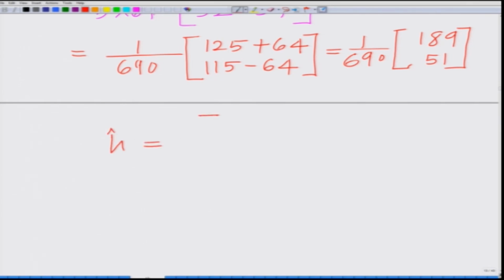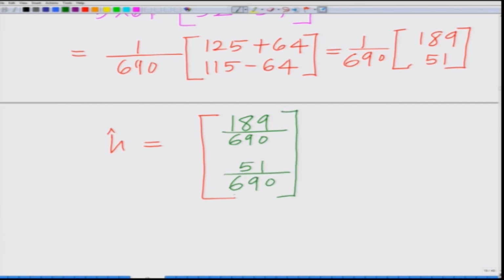is basically, if you write it explicitly, 189 divided by 690, and the second component is 51 divided by 690, and taking 3 common from both the numerator and denominator of each component, what we have is 63 divided by 230 and 17 over 230.